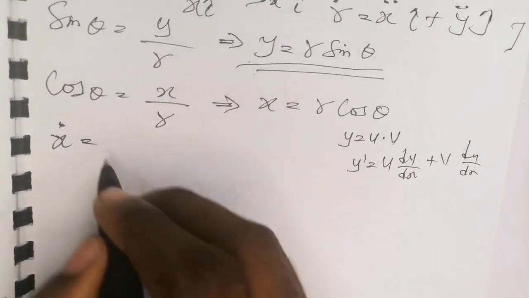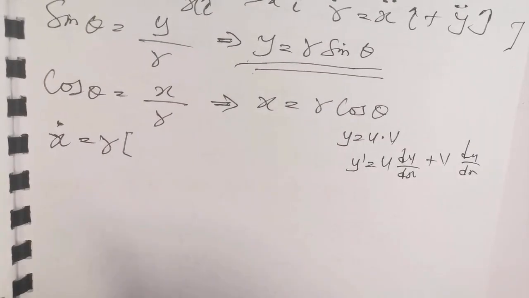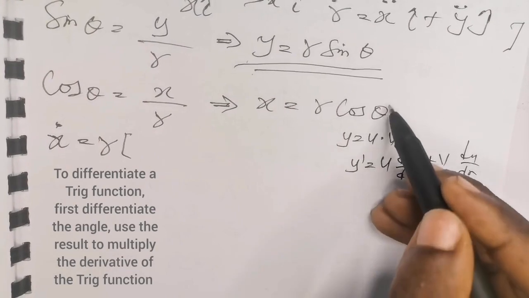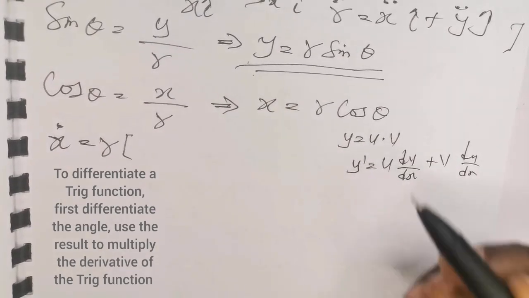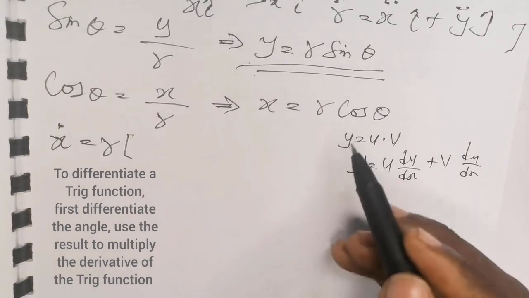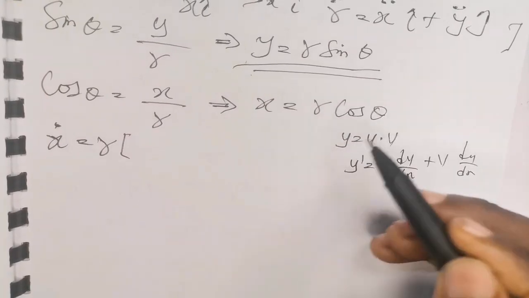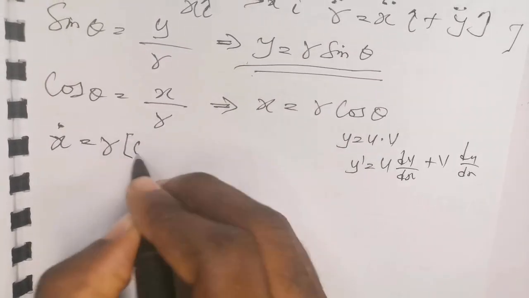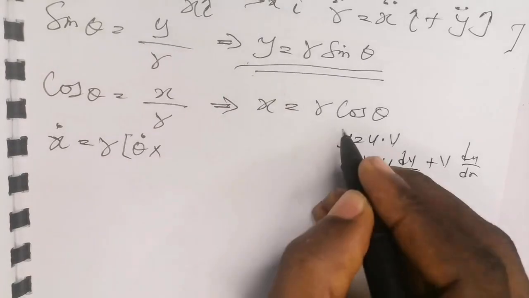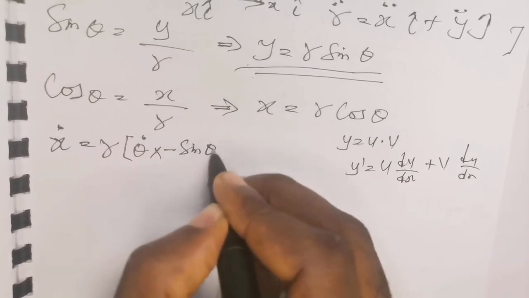Okay, now I will hold r constant, then I will differentiate cos theta with respect to t. But to differentiate a trig function, first of all, differentiate the angle. Then after differentiating the angle, use that derivative to multiply the derivative of the trig function itself. The angle here is theta. If I differentiate theta with respect to t, I will simply have theta dot. Use this theta dot to multiply the derivative of the trig function. If I differentiate cos, I will simply have minus sine theta.